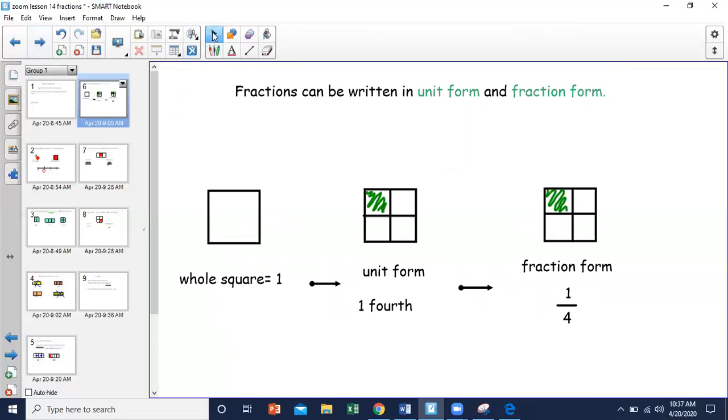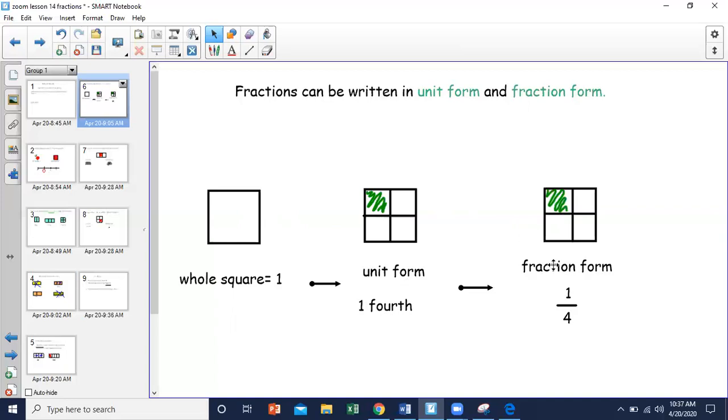Fractions can be written in unit form and fraction form. For example, I have a whole square, which is equal to 1. The square was partitioned into 4 equal parts with one named. So the unit form will be the numeral 1 and the word fourth, which is 1/4.